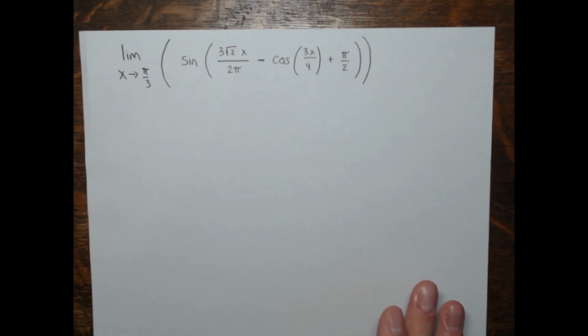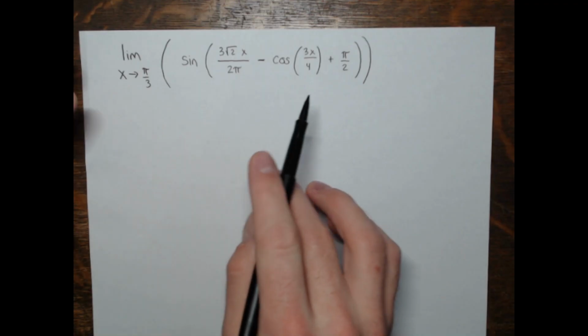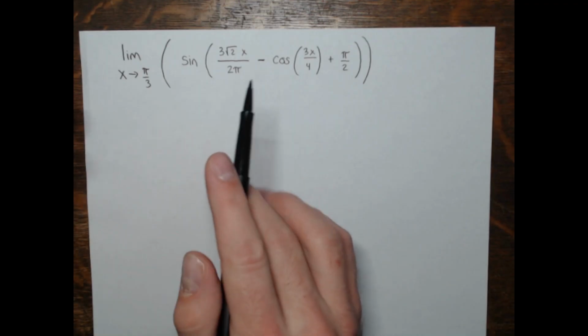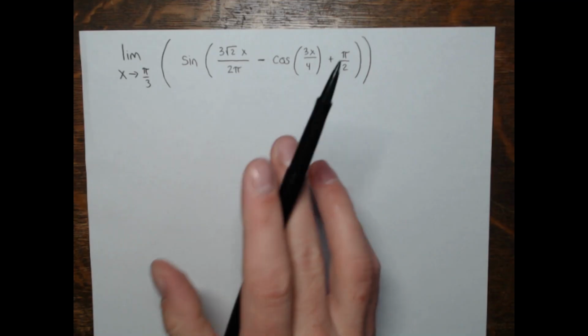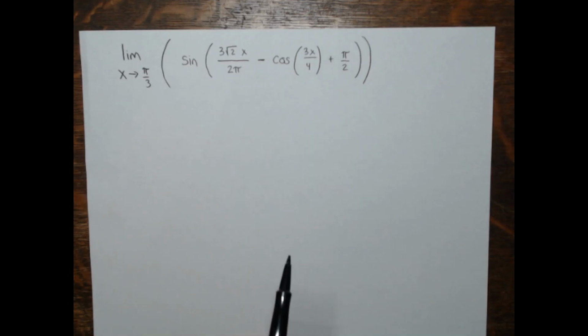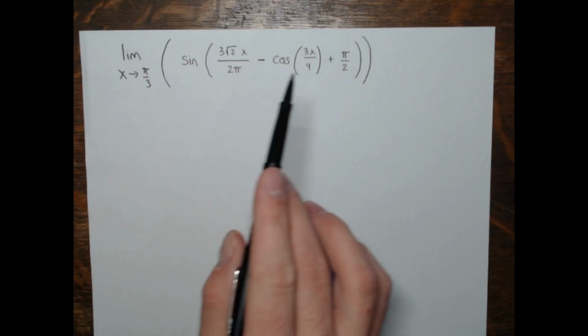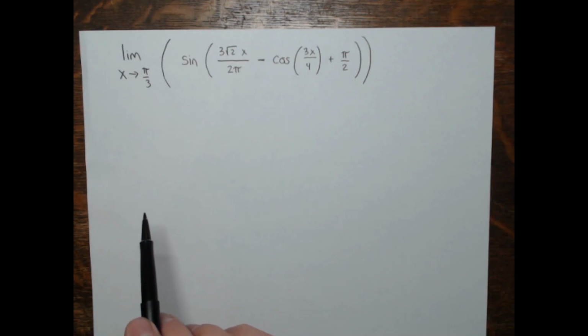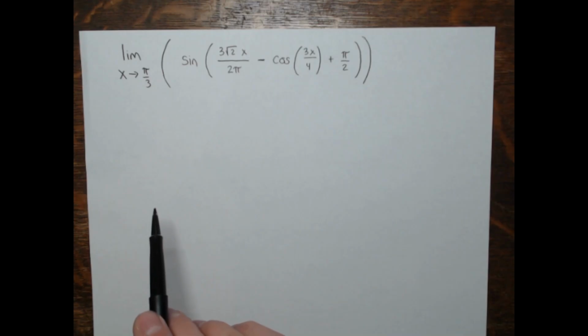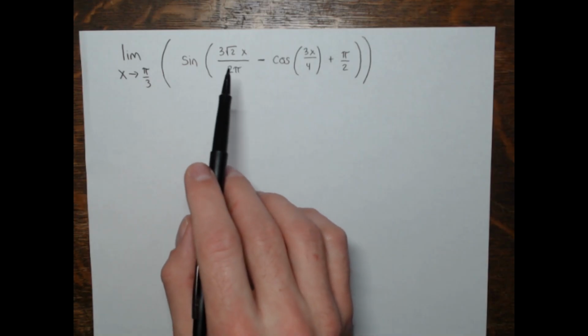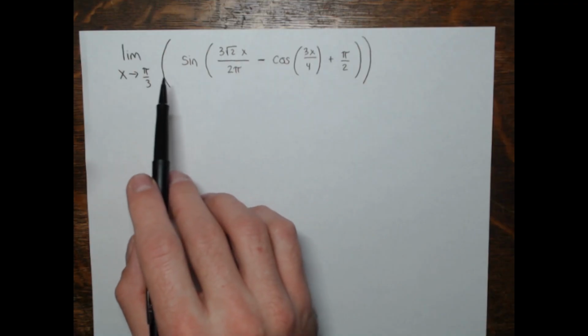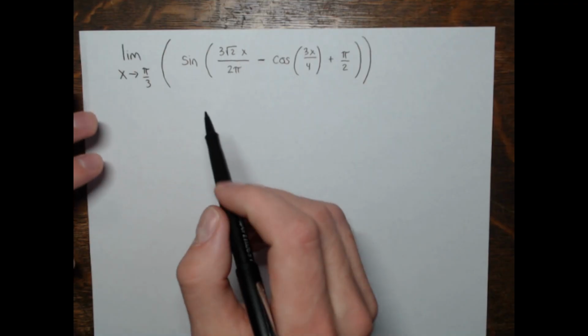I mentioned earlier, all these things: polynomials, rationals, radicals, trigs, inverse trigs. If you plug it in and it's defined, there's your limit, right? These functions are continuous on their domains, continuous wherever they are defined. So I should just be able to find this limit by plugging in the number.